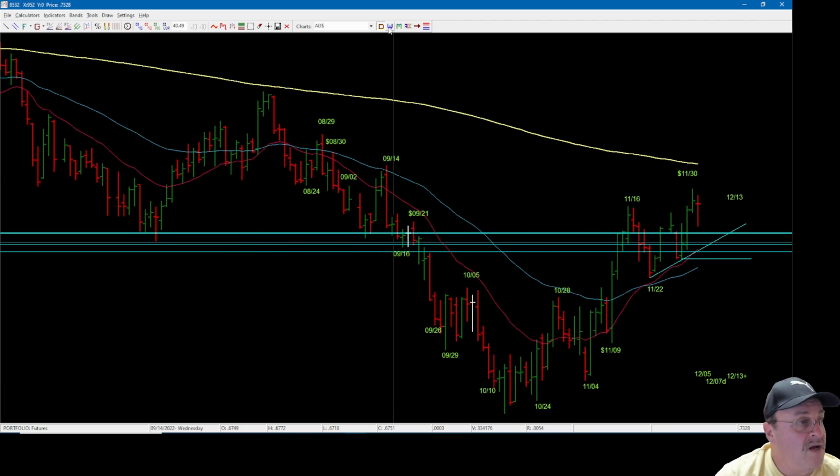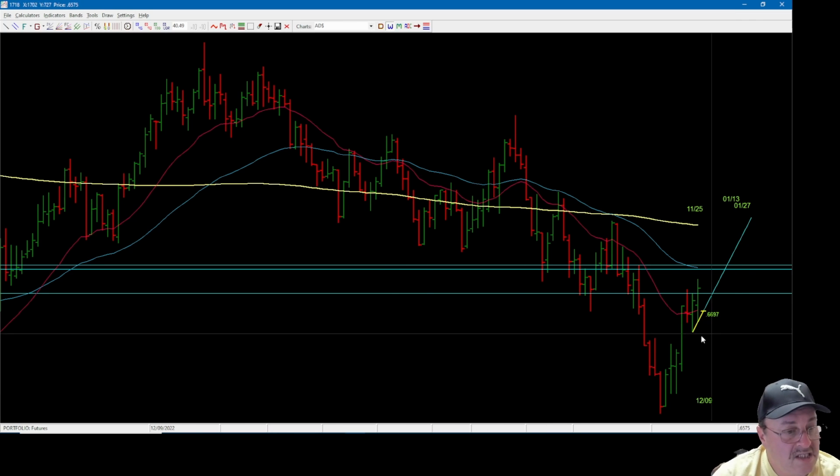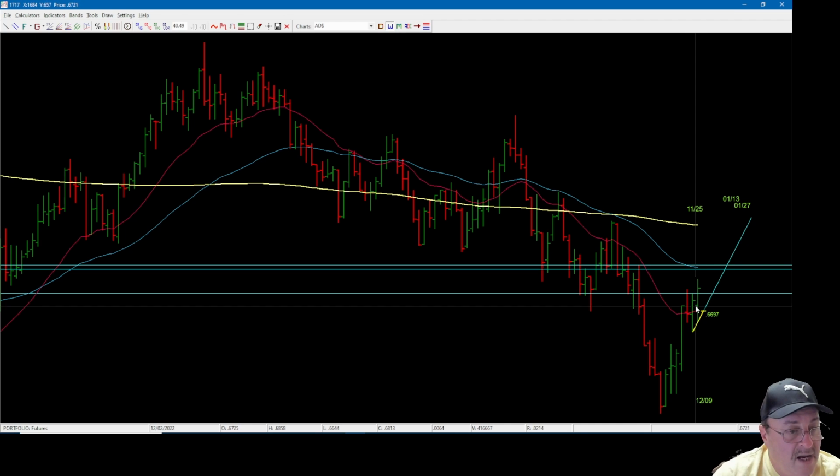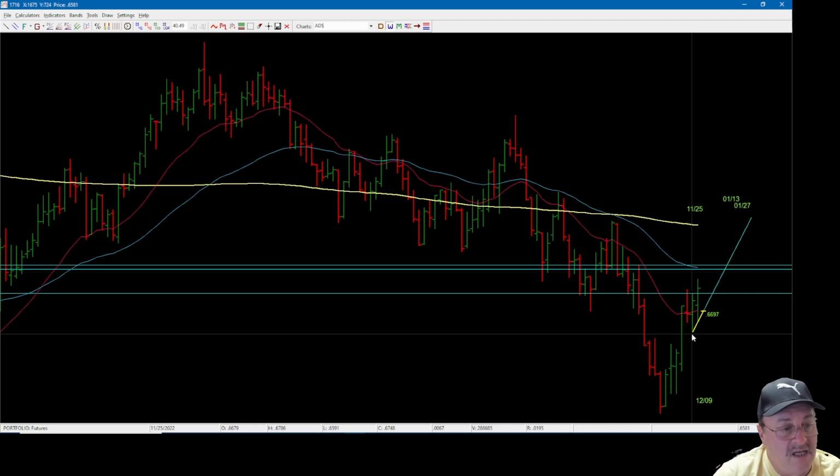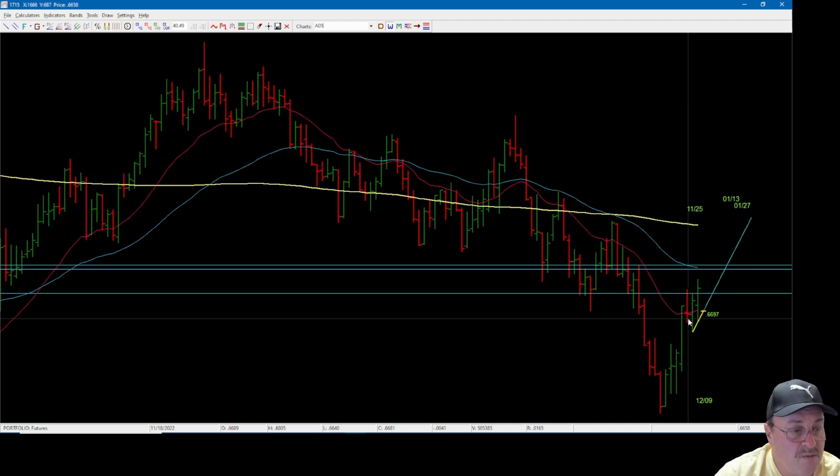So in other words, if you come to the weekly chart, and you can see here that a weekly swing bottom was just confirmed this week by prices moving higher. It confirmed the previous week as a higher weekly swing bottom.